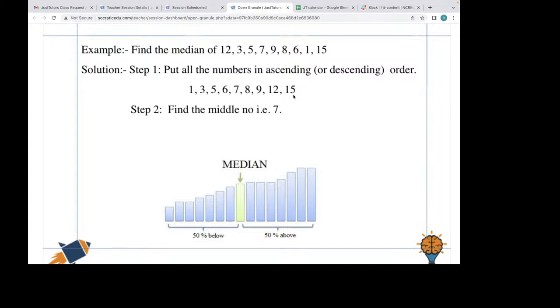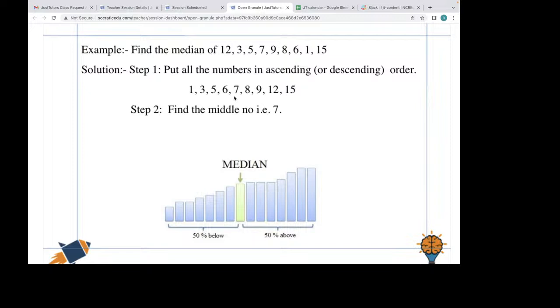Okay, now what you can see, find the middle number, that is 7. So what is the middle number? 1, 2, 3, 4, then here as well 1, 2, 3, 4. So in the middle is the fifth number, which is 7. In the middle there's 7, so 7 is the median.